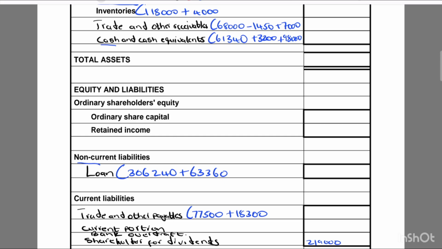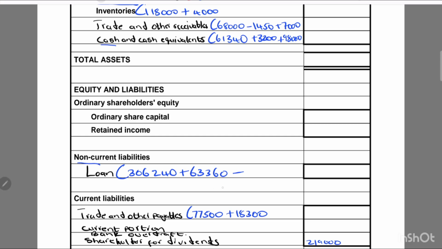Because we are going to pay this amount within 12 months, it is no longer a non-current liability, but now it becomes a current portion of loan, which will be repaid within 12 months.